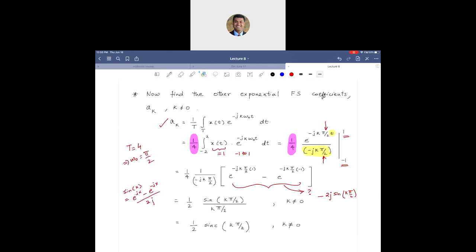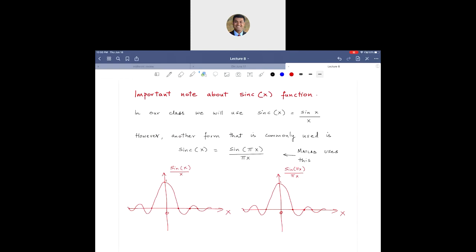So it's good to see it graphically. It is good to know its definition, and it is also very important to know the two most common forms of the sinc function. This is, by the way, when k is not equal to 0, because when k was equal to 0, a sub 0 was half. We already found that out.